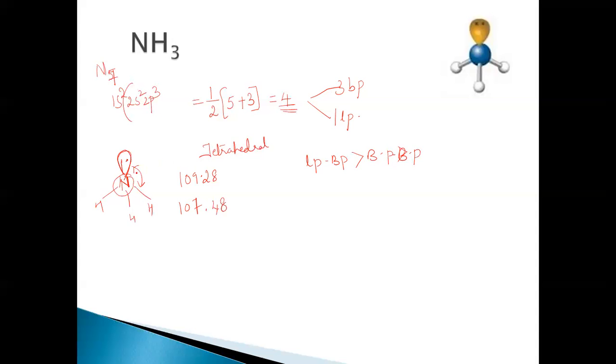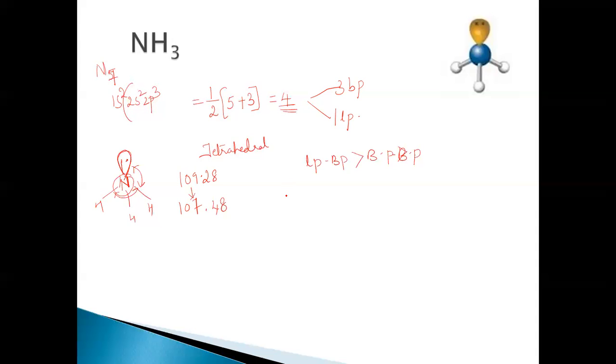Because of these lone pair-bond pair repulsions, which are more in this case, they try to occupy more space and repel the bond pairs. As a result, these bond pairs of electrons are brought a little close to each other, and the angle is reduced from 109 to 107.48 in this case.